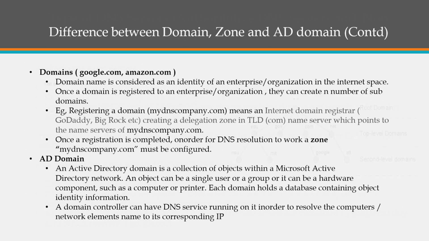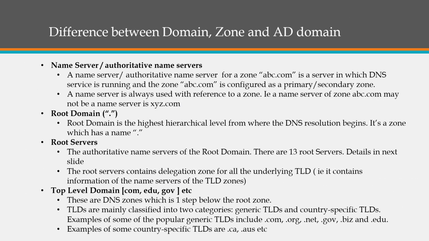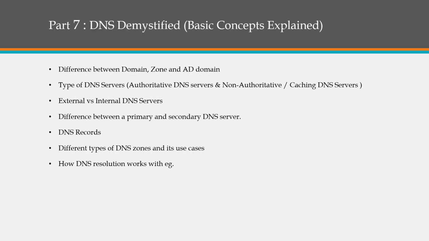recap the things that we learned today. First we went through the difference between the domain, zone, and an AD domain, and then we understood the different types of DNS server, and then we figured out what the difference between external DNS server and internal DNS server is. Then we also saw the difference between a primary and a secondary DNS server.